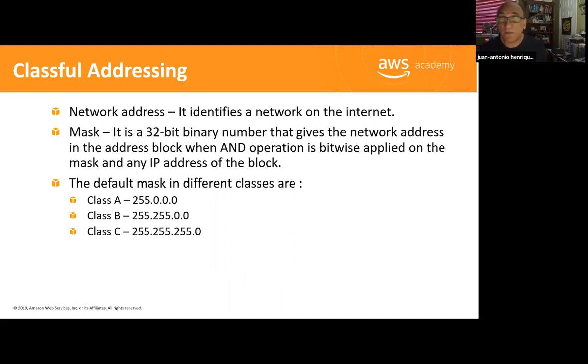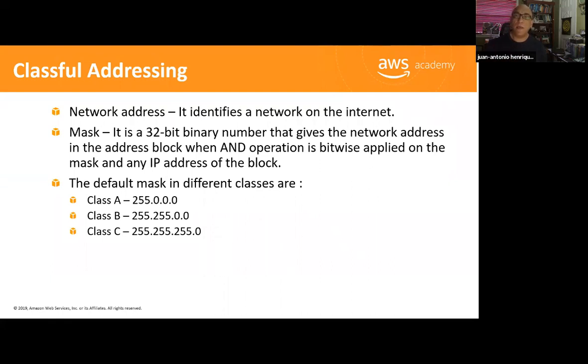Now, if you remember from binary, 255 means that in each of those bytes, the bits are all ones, right? 255 is the equivalent of all ones in that specific byte. Well, you'll see that, again, this is fixed.